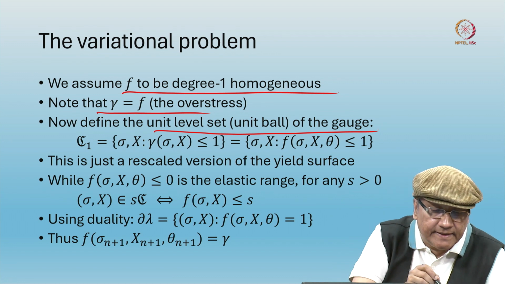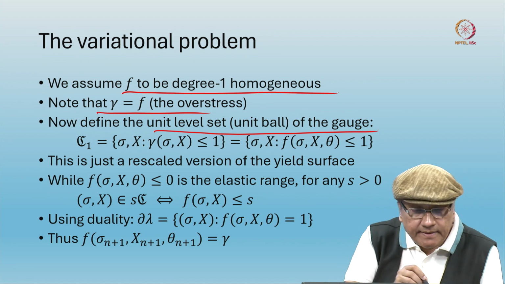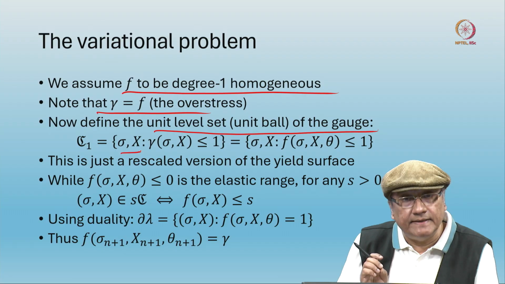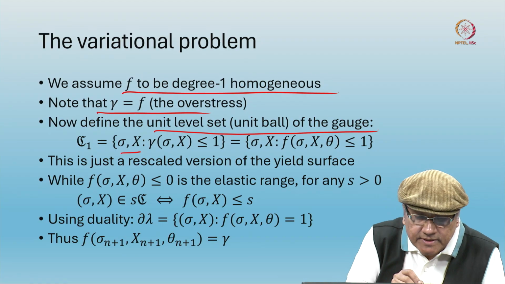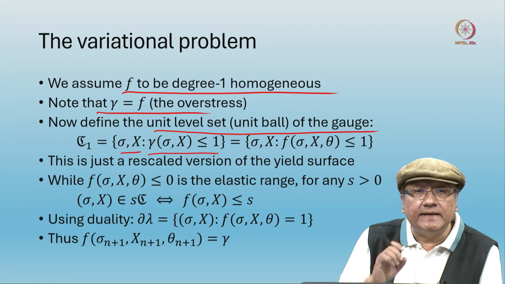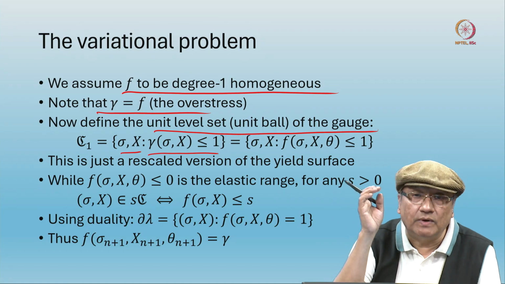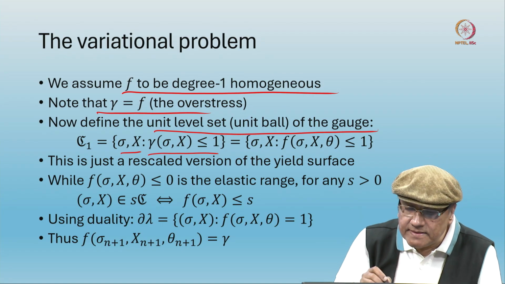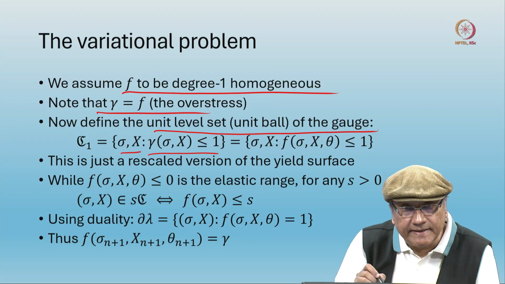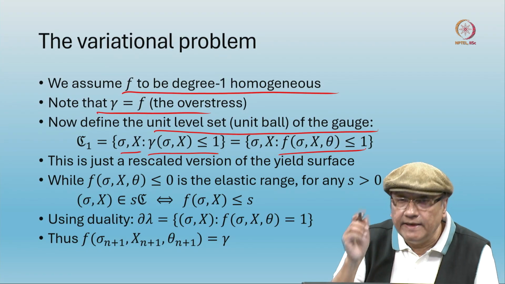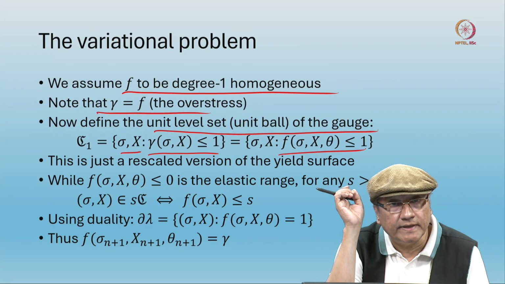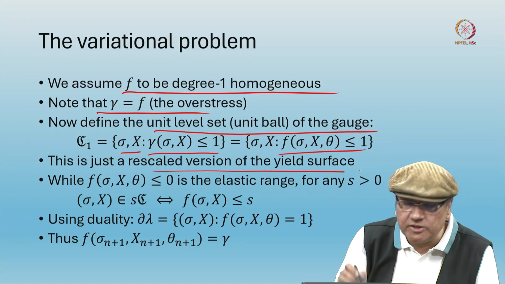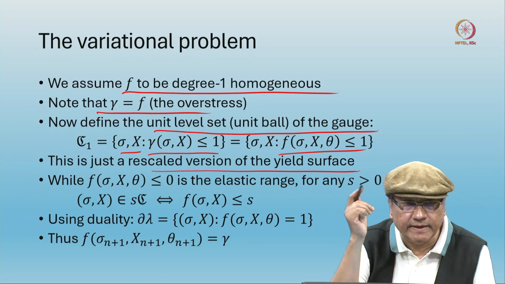So call it by script C1. This consists of all sigma and x, the generalized stresses, such that gamma, that is the overstress, is less than or equal to 1, right, and hence it is the set of all sigma and x, because gamma is equal to f is less than or equal to 1, okay. This is just the rescaled version of the yield surface, nothing more, okay.